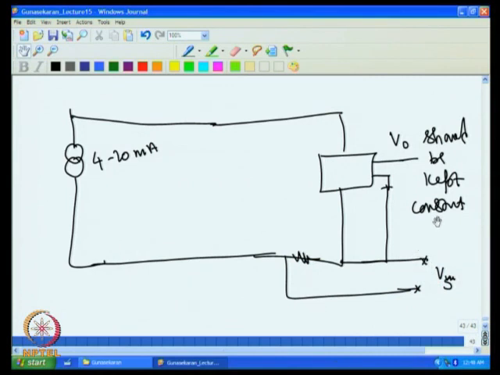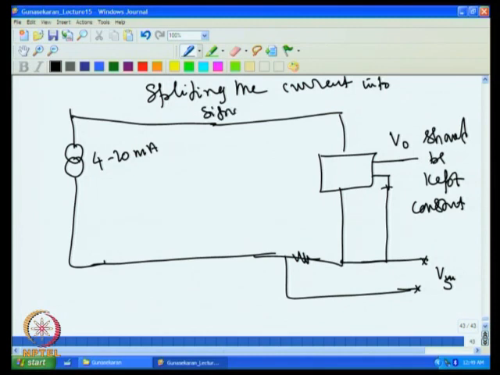So this is actually the conversion of current, splitting the current into signal and power.